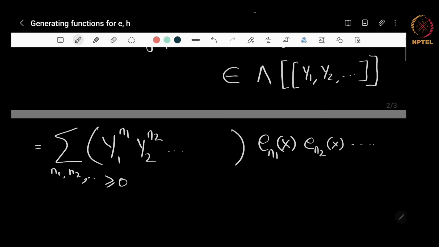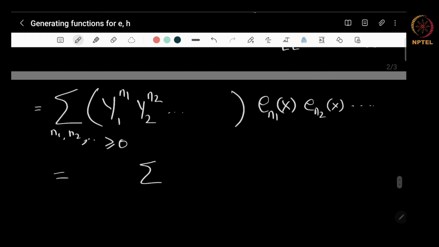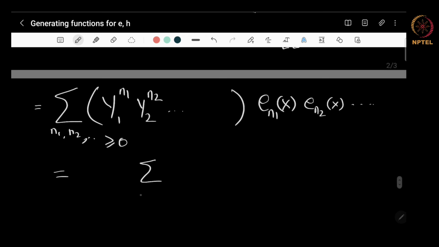Okay, but again, this is symmetric in the sense, if I interchange n1, n2, nk, I take some finitely many numbers and I permute them in all possible ways, then the corresponding en1, en2 product is the same. And so if you think about it for a moment, you'll realize the following, that I can rewrite this as follows: lambda varying over all partitions.